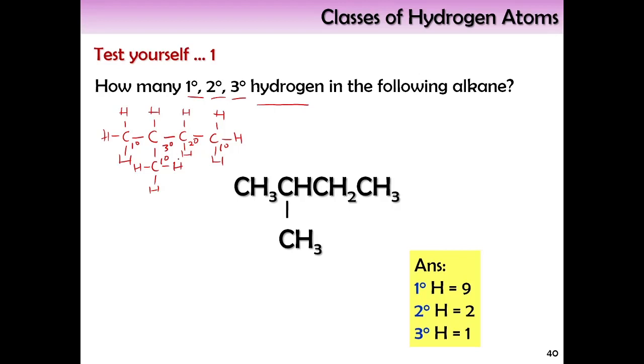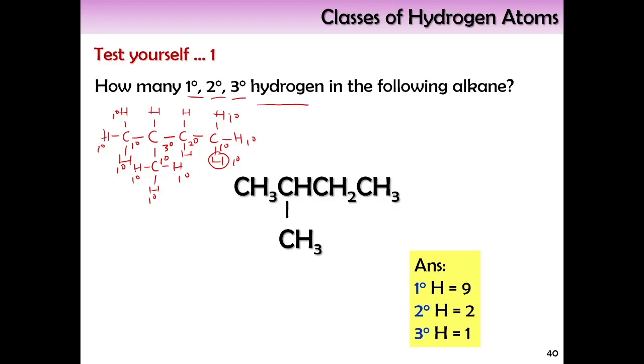So the classes of hydrogen depends on the class of the carbon. So because this carbon is primary, so this one also primary. Okay, this one also primary hydrogen, primary hydrogen, primary hydrogen. The same thing for this one, primary hydrogen, primary hydrogen, primary hydrogen.